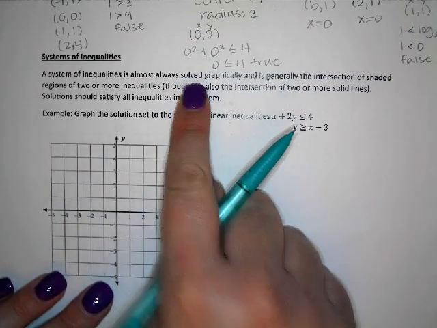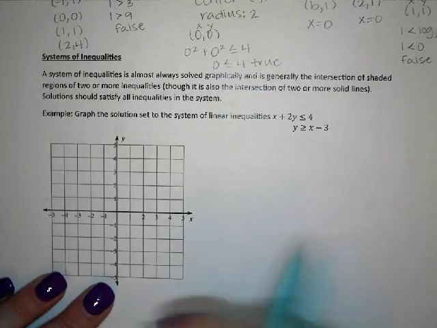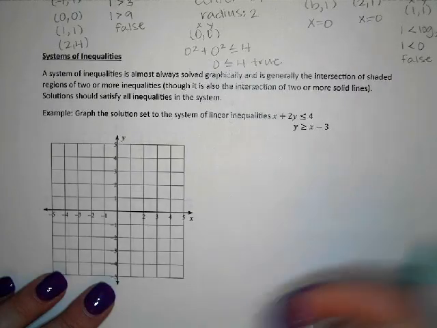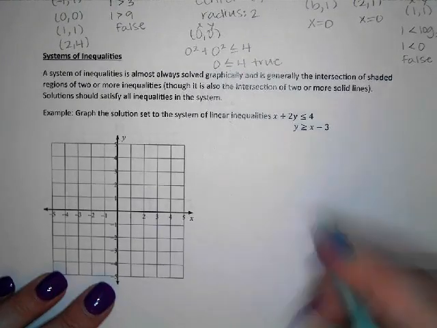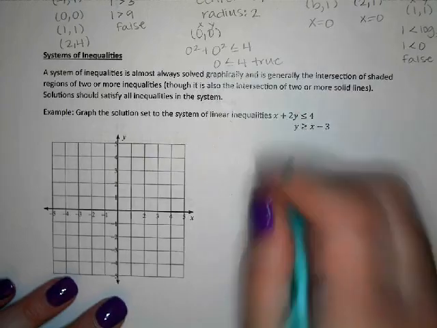They always do it visually because inequalities are very visual graphs, and their solutions are very visual. They're not something that we could easily write the solution. And so when we solve a system of inequalities, we're going to do it graphically.